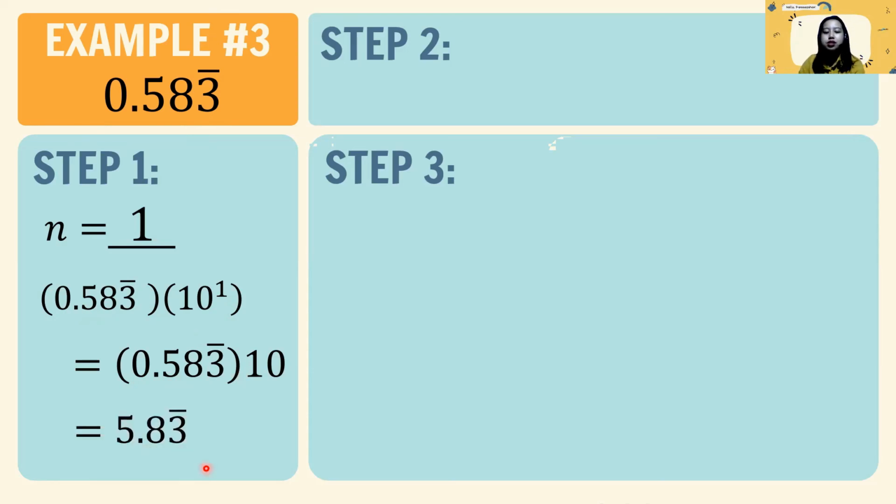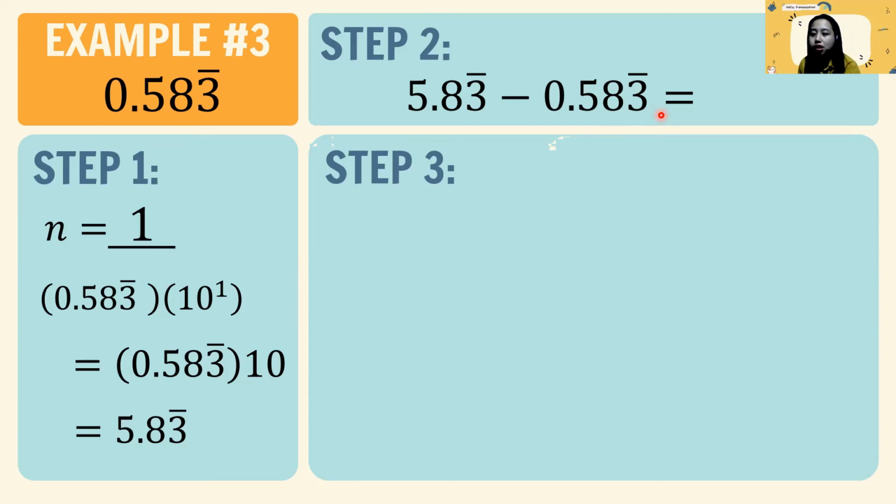Remember, in step 2, you will subtract the given decimal from the result that we get in step 1. So 5.83 minus 0.583. I'll give you time to compute. Okay, so the answer will be 5.25.